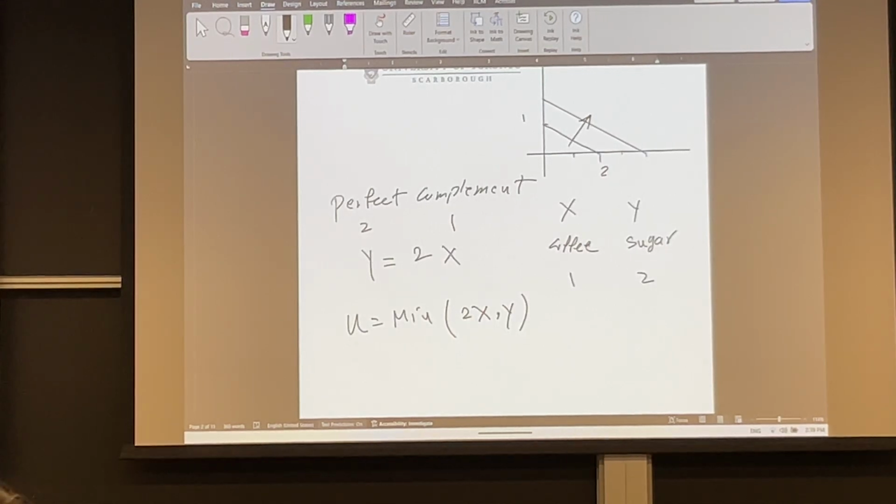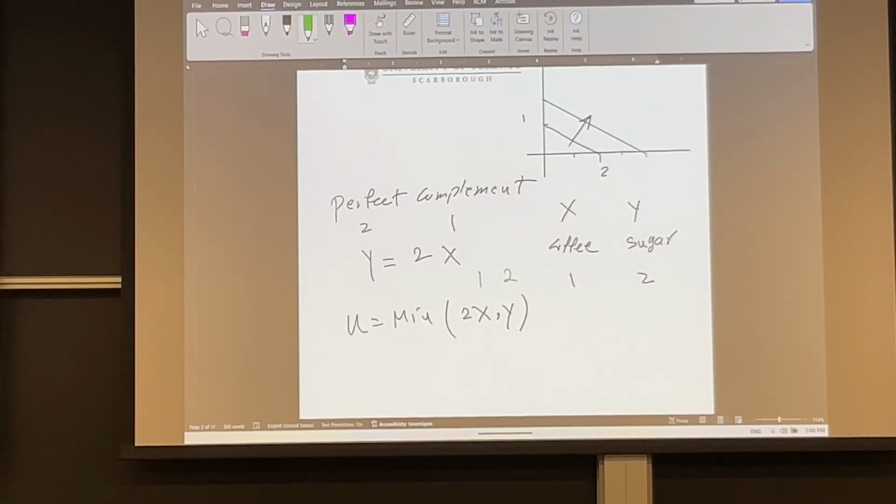Say, this is sort of not the easiest thing in the world. If I give you one coffee, you need 2 sugars. How much would your satisfaction be? What does the function give you? If I give you one X for coffee and 2 sugars, you get 2, 2. The minimum is 2.